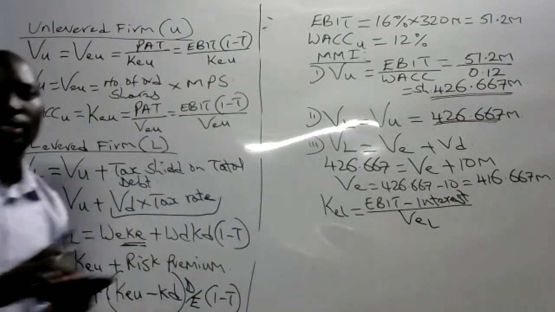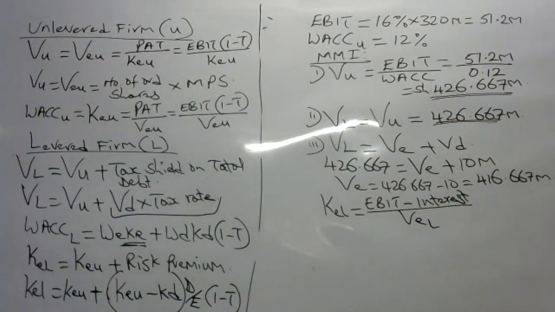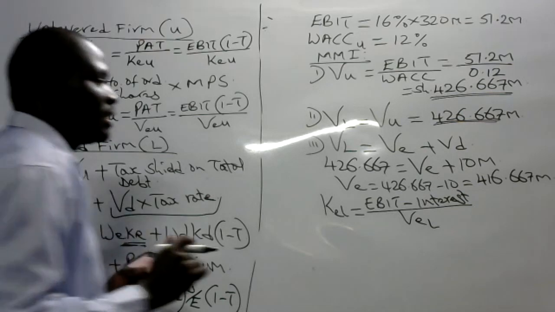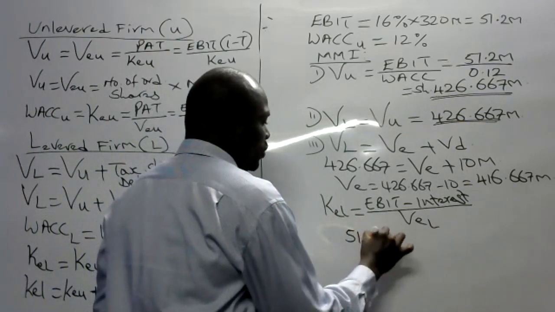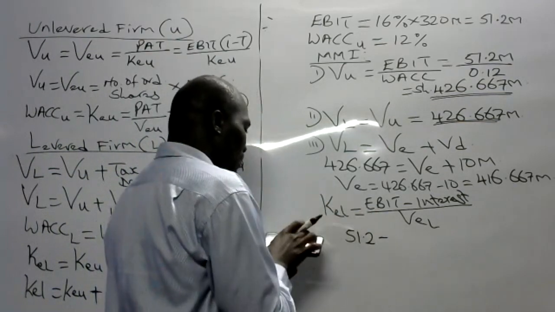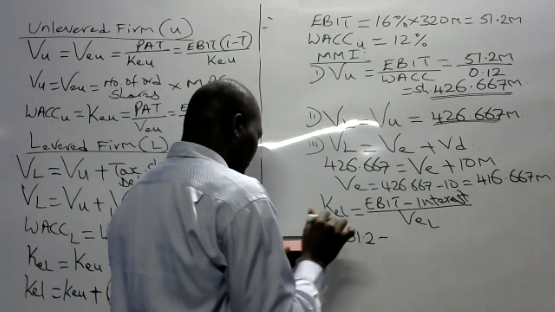The value of equity. Look, our EBIT is 51.2. Our interest rate is how much? 7%.